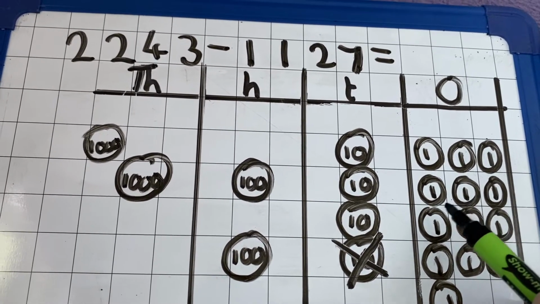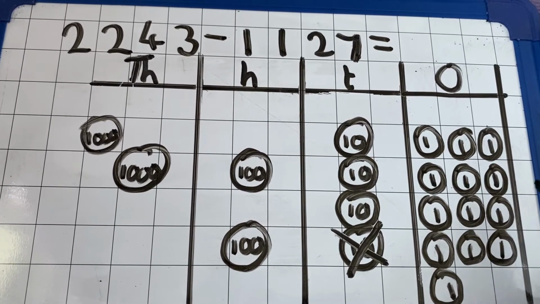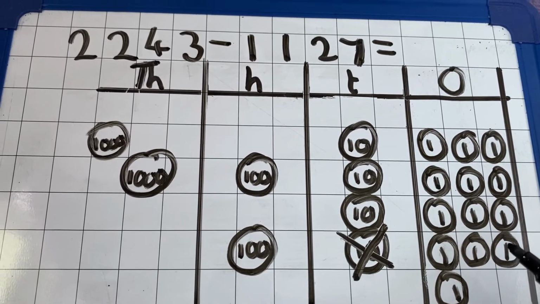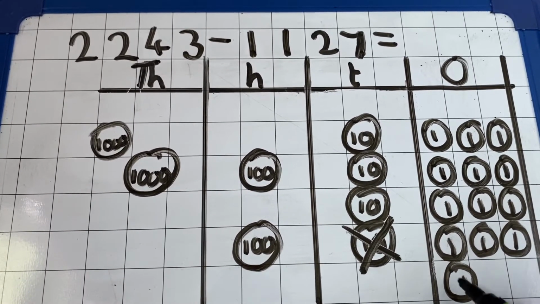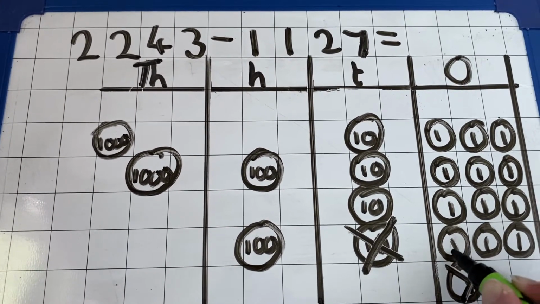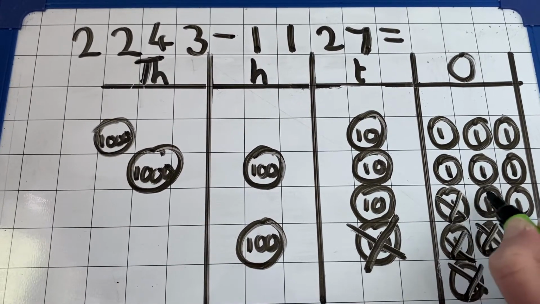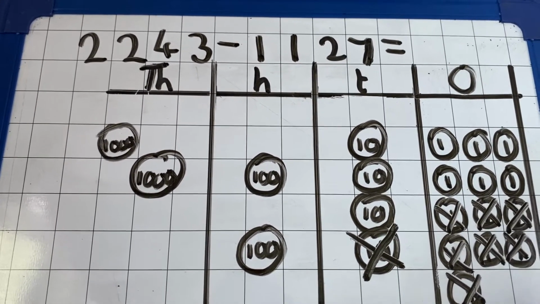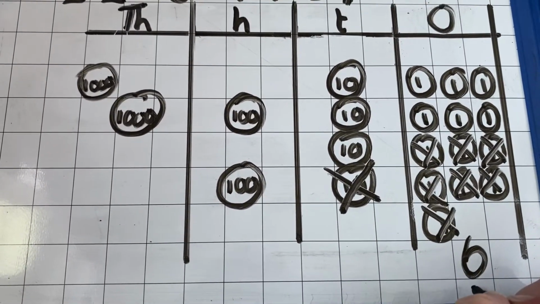So now I have my 10 ones. I now need to make sure that I subtract 7. 1, 2, 3, 4, 5, 6, 7. This leaves me with 6. Therefore, my answer is 6.